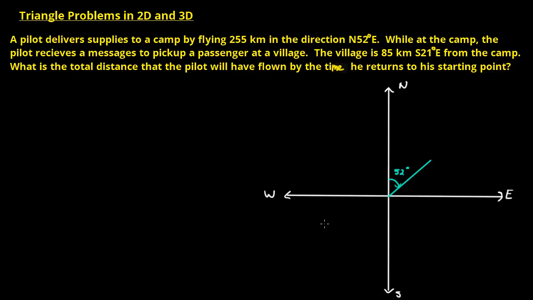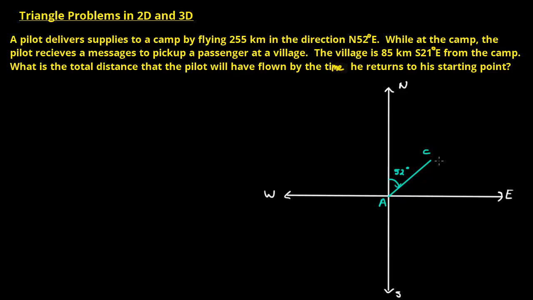Now, then we're told while at camp, the pilot receives a message to pick up a passenger at a village, and the village is 85 kilometers south, 21 degrees east from the camp. So this is where the pilot starts. Let's say that he starts at point A, and then let's say that the camp is point C. So this is the camp.